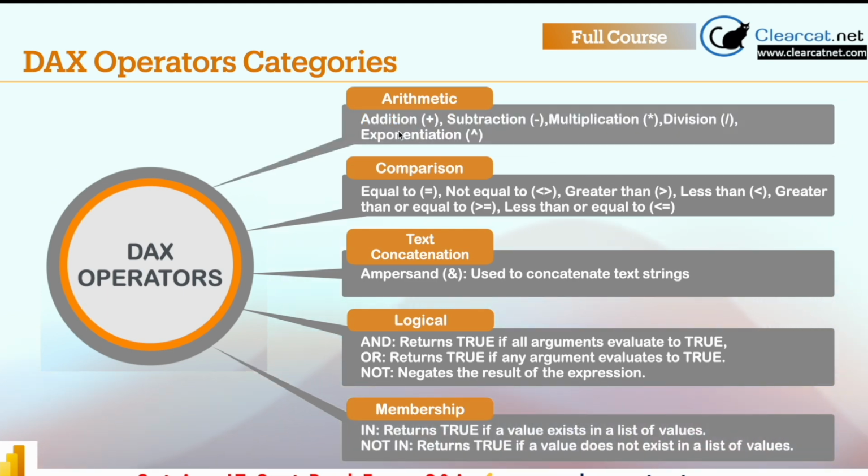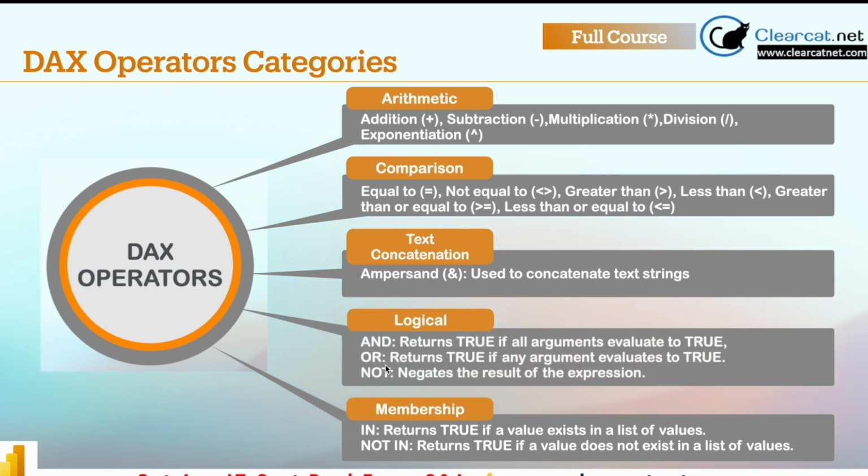Arithmetic: addition, subtraction, multiplication, division come under arithmetic. Comparison: like equal to, greater than, less than, greater than or equal to. Text concatenation: we concatenate text strings in our columns or tables in our data model.